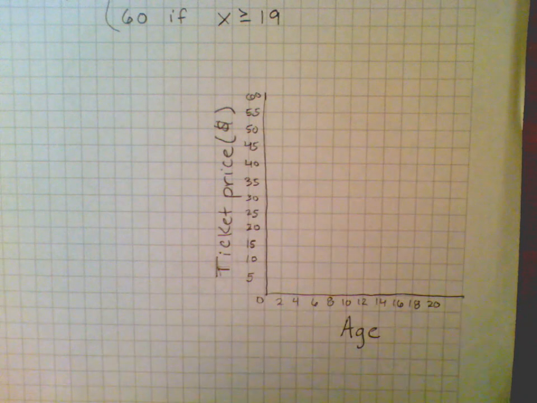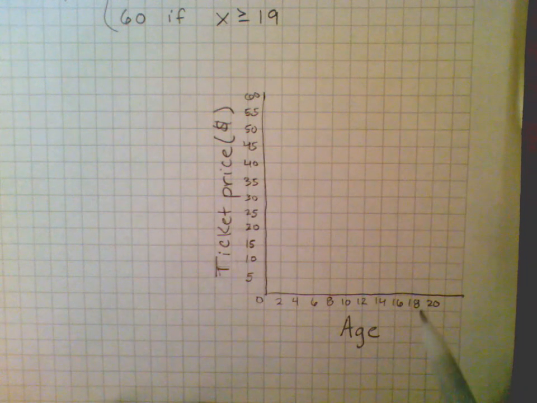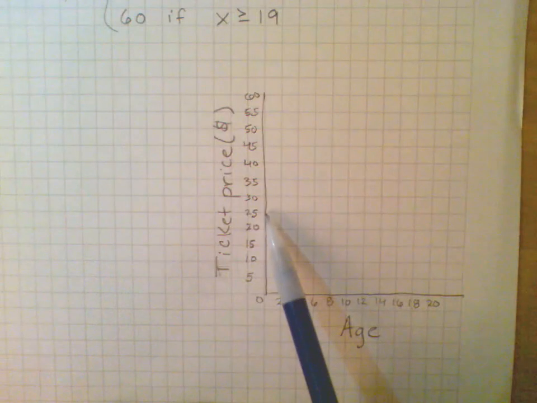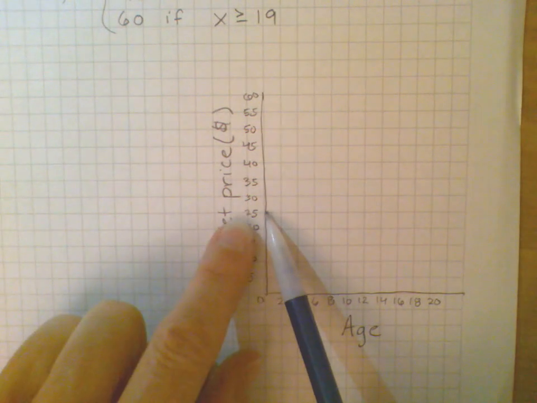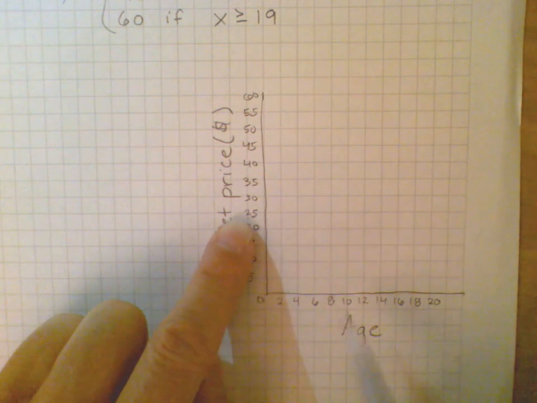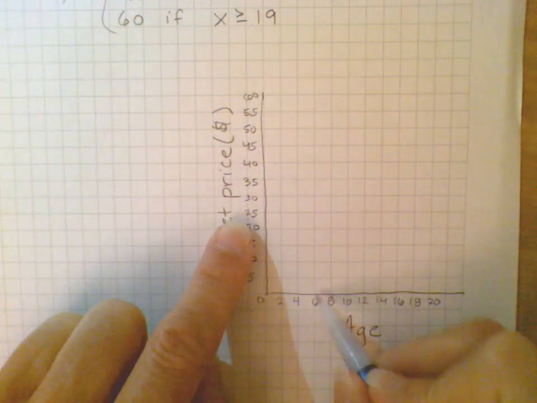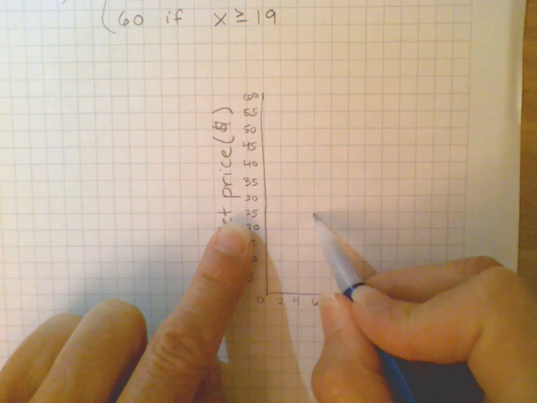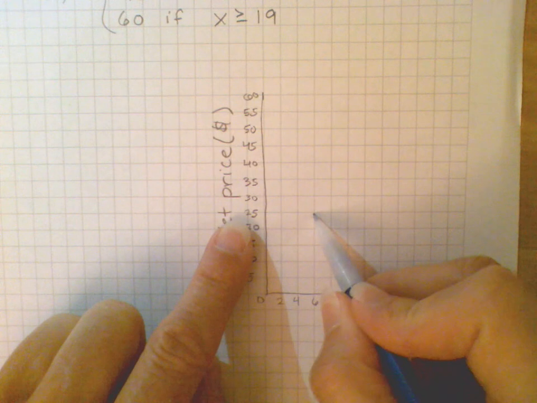So now we're going to graph our steps. So $25, that would be up to here if you are age 6 to 13. So I'm going to go up to 25, which is right here. I'm on 6.